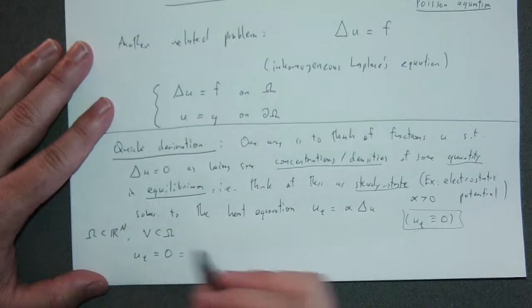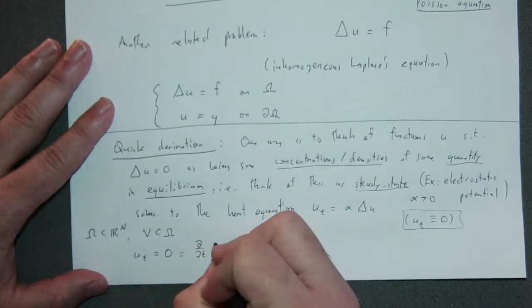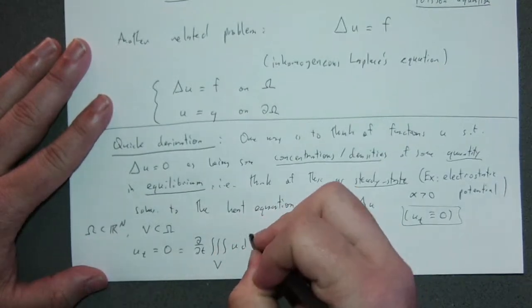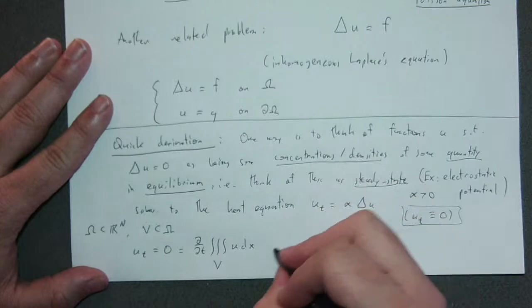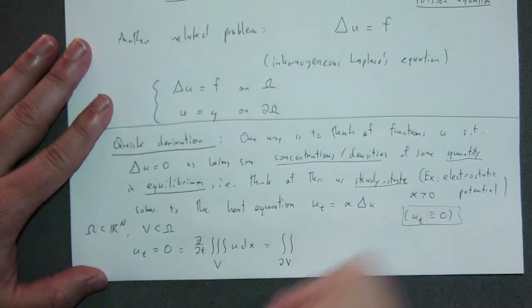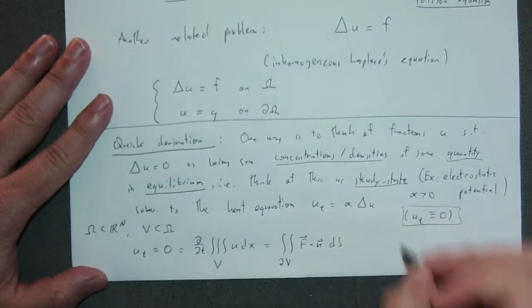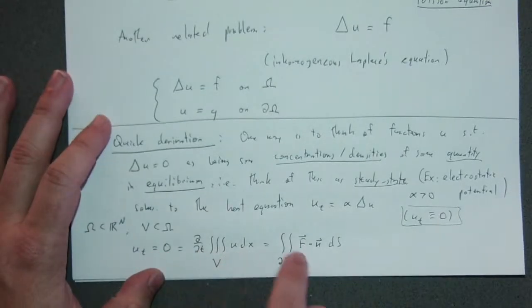But also, again, from the derivation of the heat equation here, this is the t partial of the quantity, which is the integral over V of u dx, which is the integral over the boundary of the flux vector field. So this is the flux density associated with that quantity u.